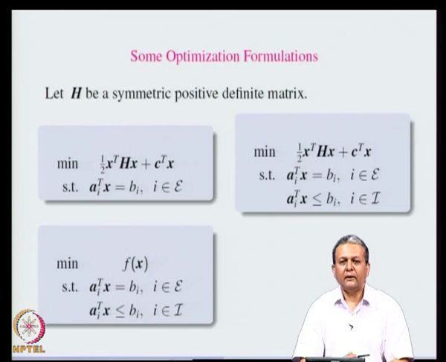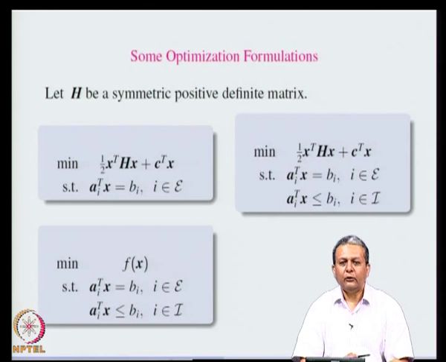You might recall that when we studied unconstrained optimization, we saw that Newton method can be used to solve unconstrained optimization problems by approximating a given function by a quadratic function at a current point.